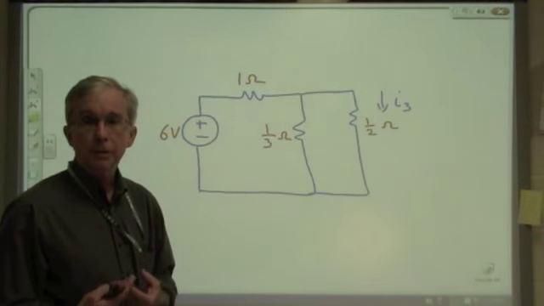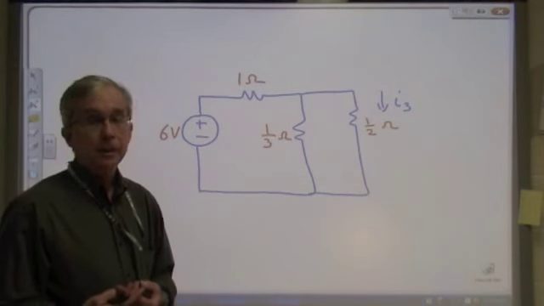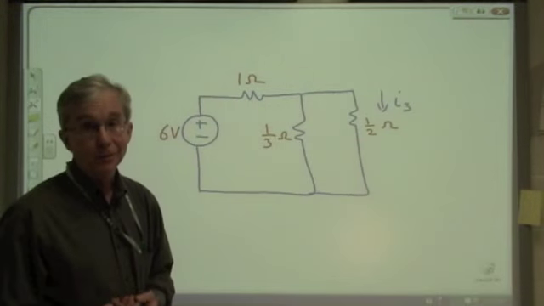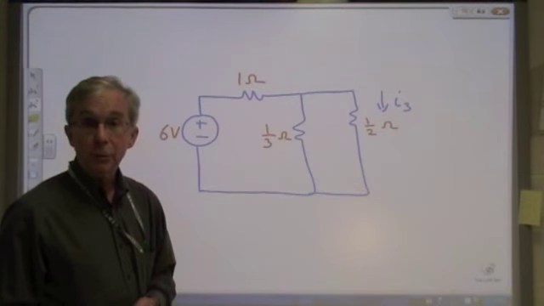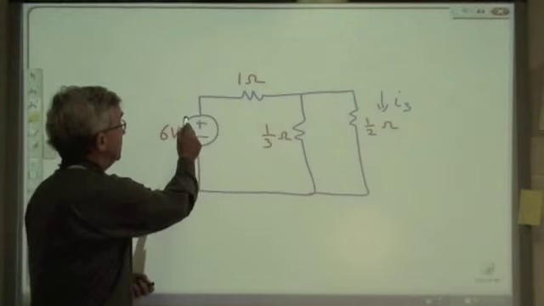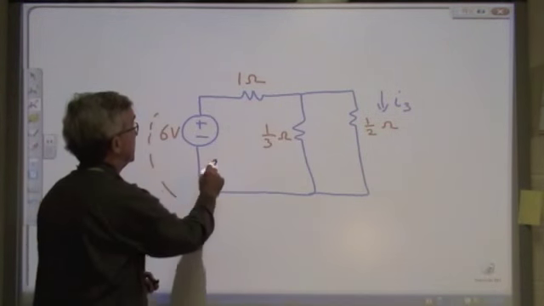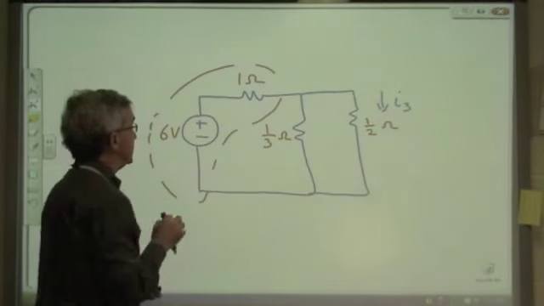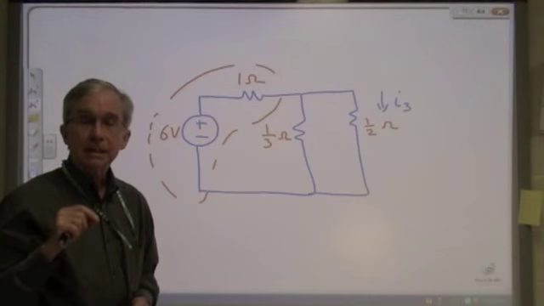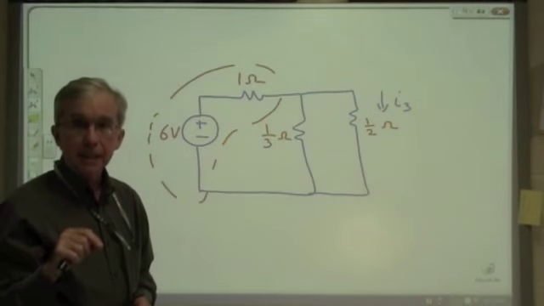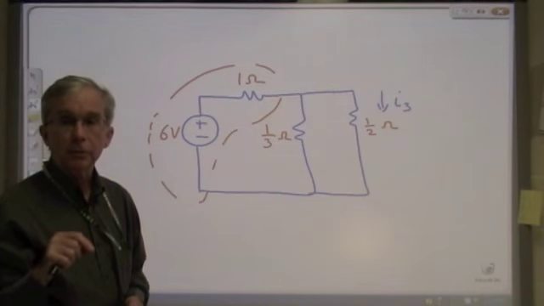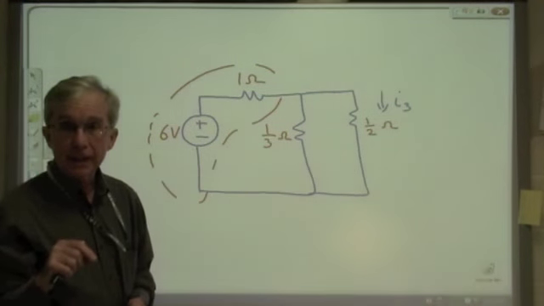Current division requires that all the resistors be in parallel, and that we have a current source also in parallel. We don't have that here, but suppose we make a source transformation with this 6-volt source and this 1 ohm resistance. That can be written as a 6/1, or 6 amp, source in parallel with a 1 ohm resistor. Let me draw that in.